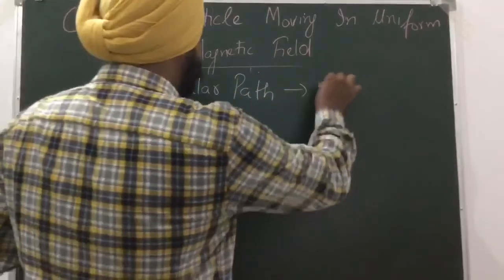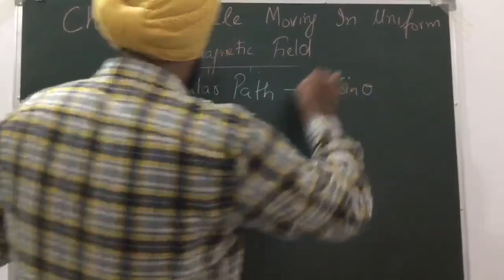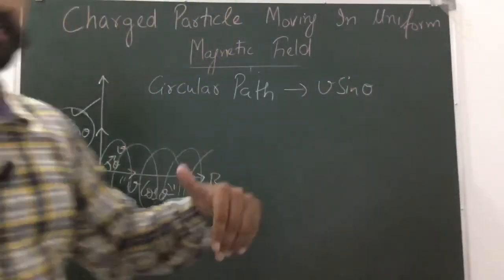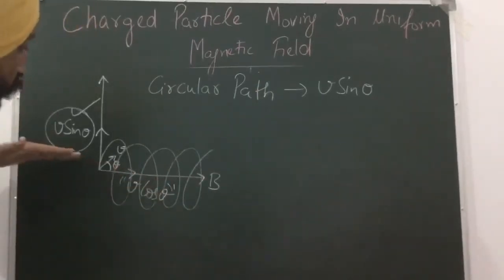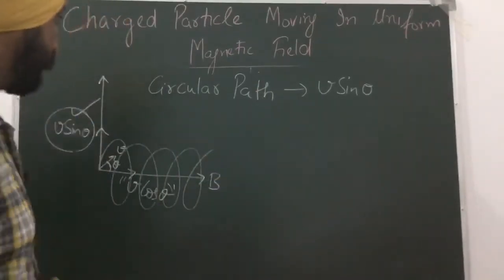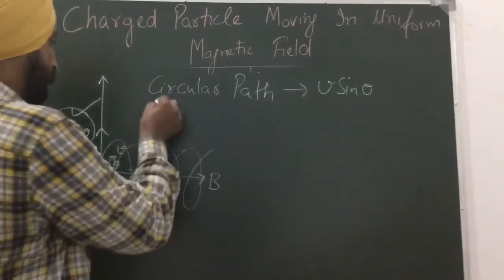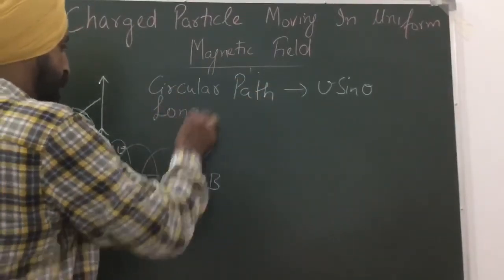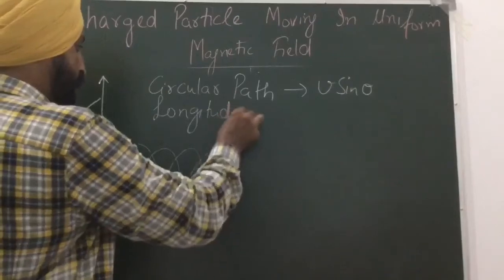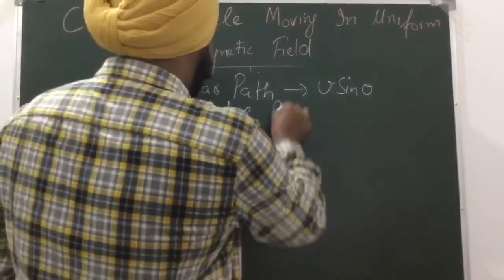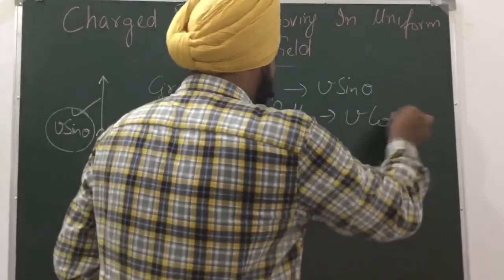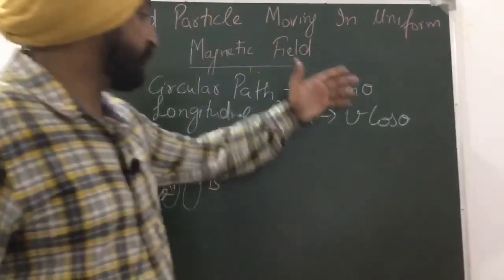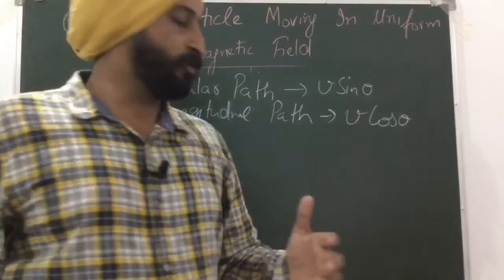Due to v sin theta. And v cos theta will of course experience no force. It will move in the longitudinal direction. So the longitudinal path is followed due to the v cos theta component, fine.